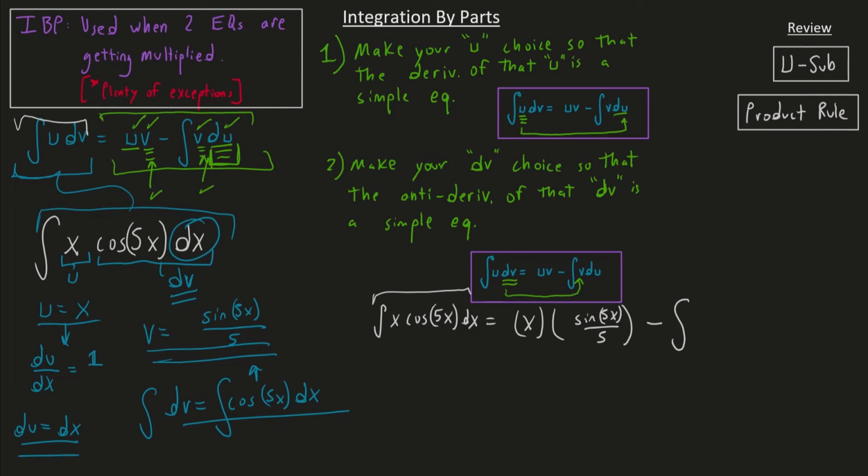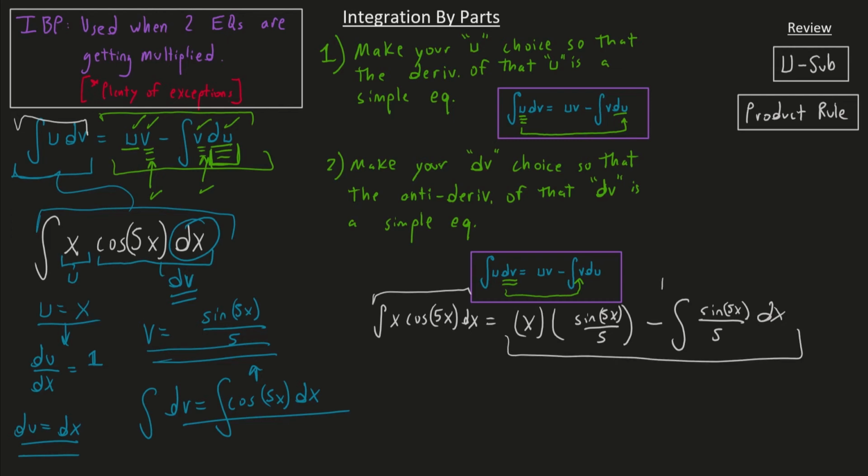Otherwise, what's the point of all this? I got my v, sine of 5x over 5, times my du here, which is just dx, and there we go. I finished the integration by parts recipe. So this is my answer right here.